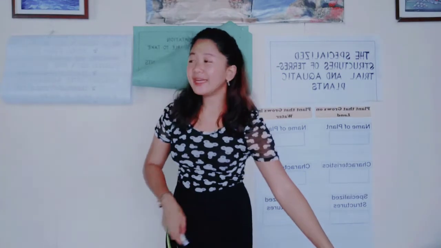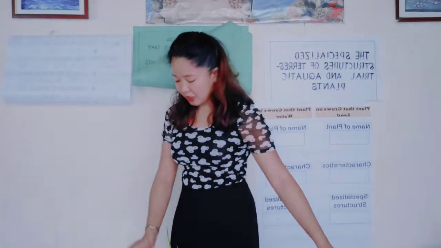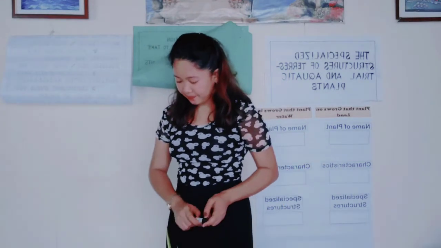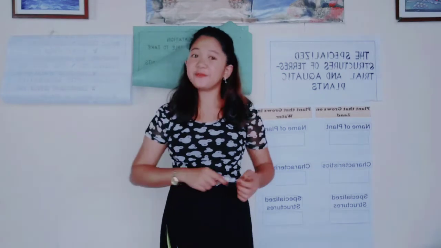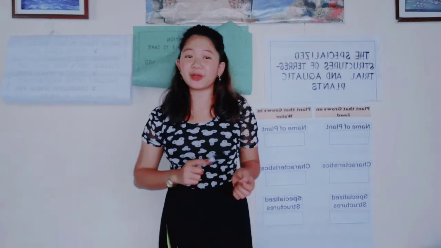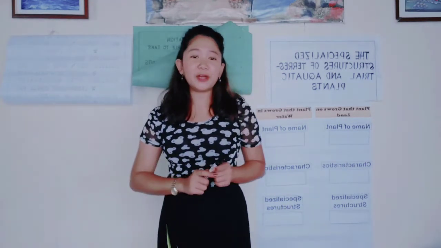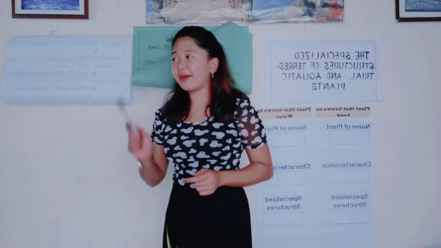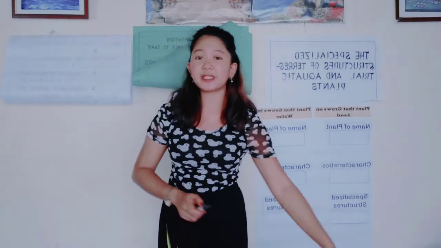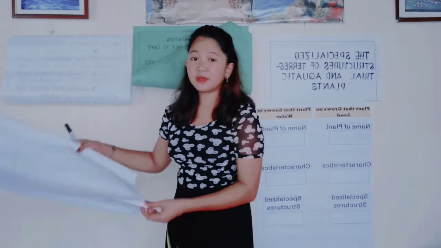So, now, I have here another activity. I will read the direction. Choose from the list below the specialized structures of terrestrial and aquatic plants that enable them to adapt to their environment to complete the graphic organizer. I prepared a graphic organizer.